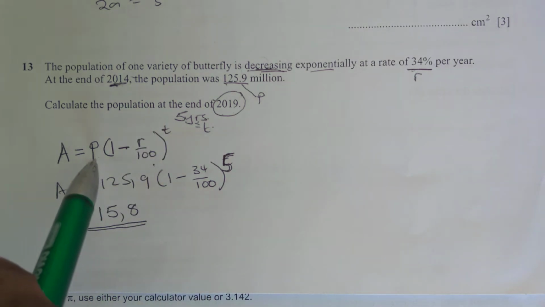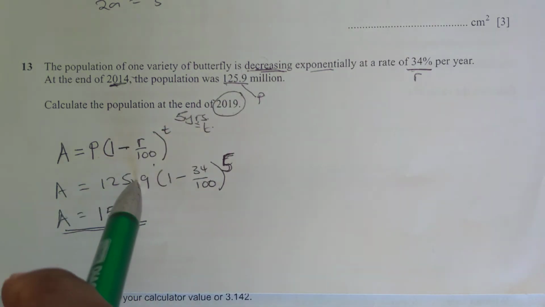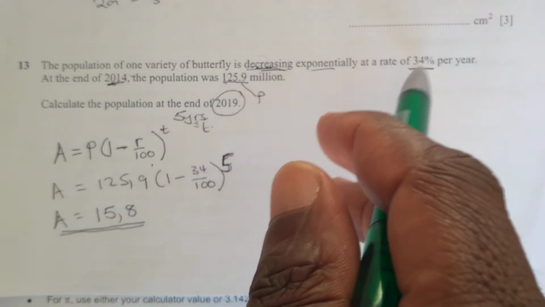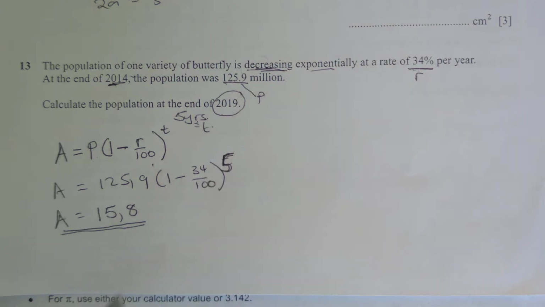So we know that the principal population is 125.9 million. 1 minus the rate, which is 34 over 100, to the power 5.